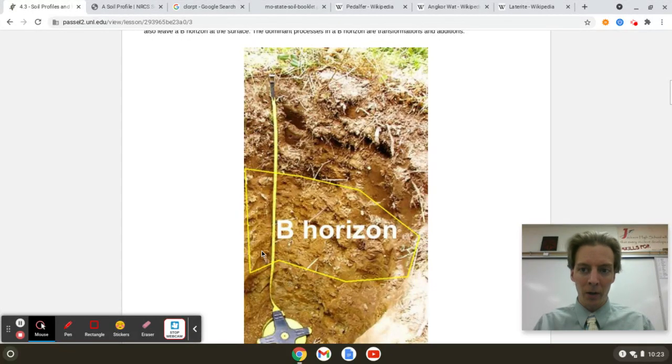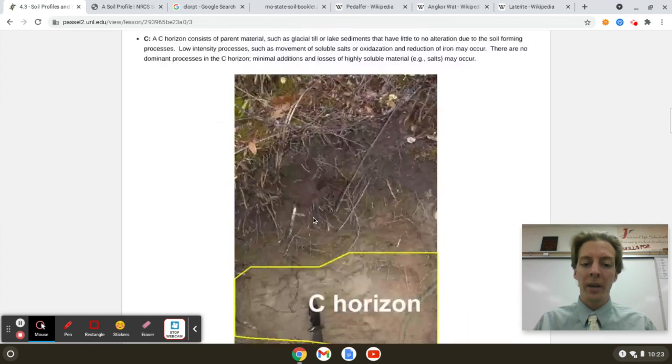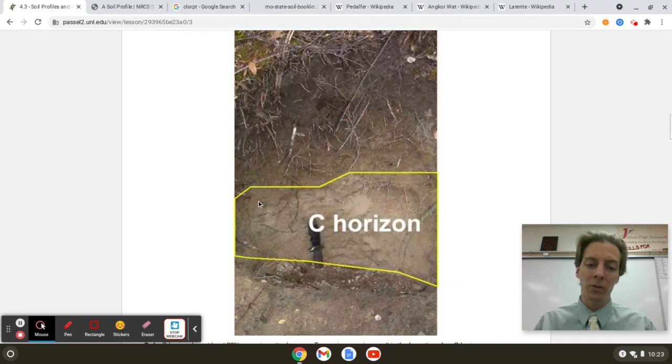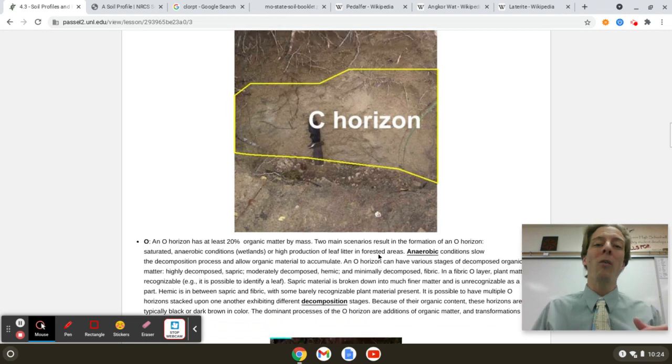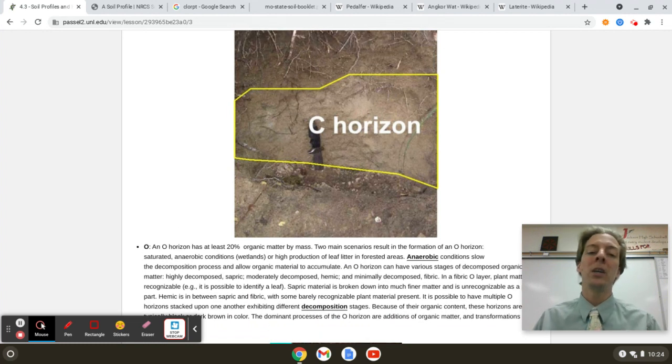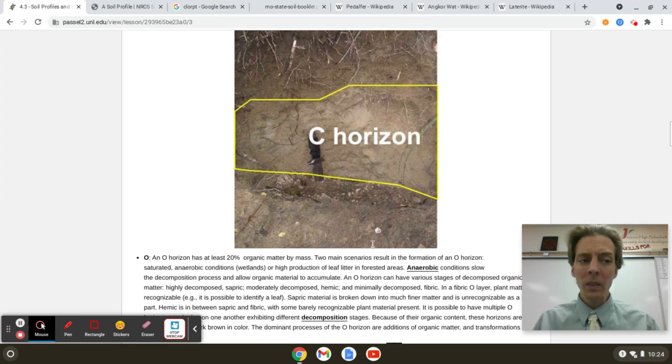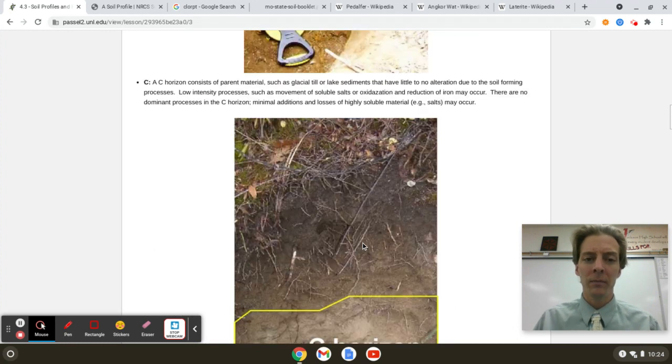If you follow the yellow outline, the B horizon has less organic material and more clay that's washed out of the A horizon. Then down below you've got a C horizon where you have very few plants or animals, and this is basically just before you cross over to bedrock. Those all vary in different depths depending on where you're at. So those are the basic 3.